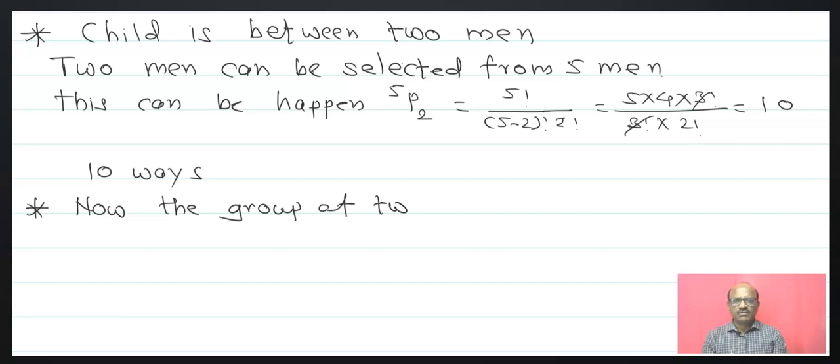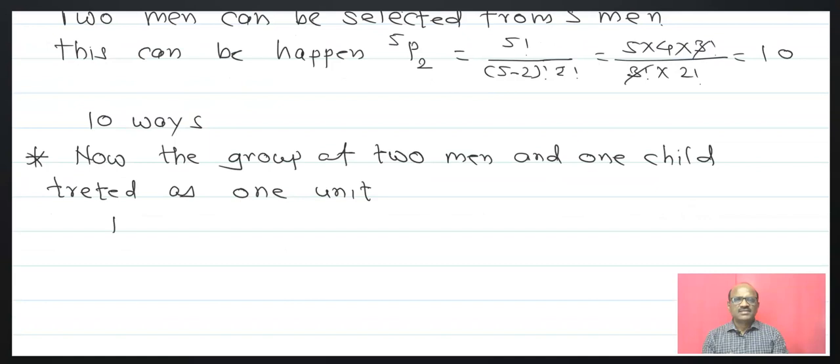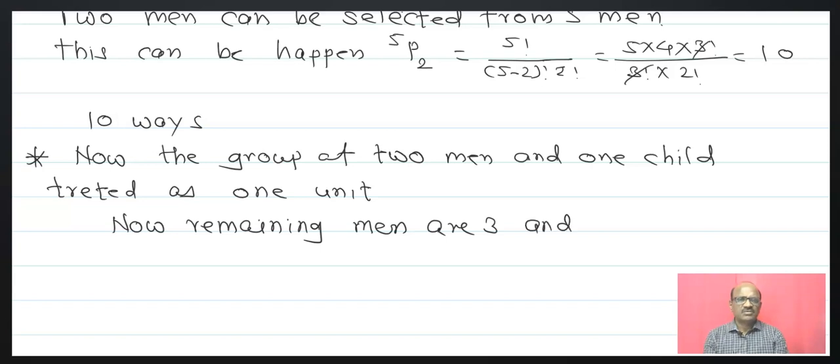Now the group of 2 men and 1 child is treated as 1. Therefore, again same thing is here. The 3 men are remaining now, and the women are 2.